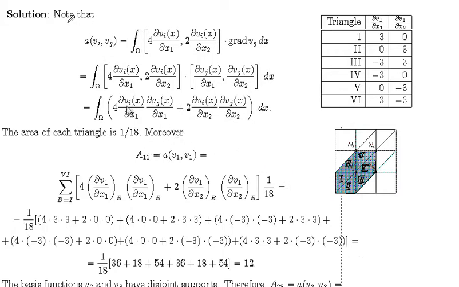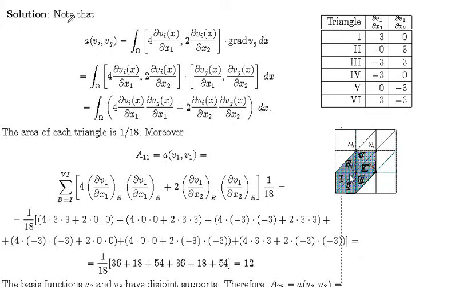Now, we note that this integrand is constant in each of these triangles separately. So we have to compute these values in each of the triangles, and then sum all these values. Don't forget to multiply with this area in order to find the integral over one such triangle.